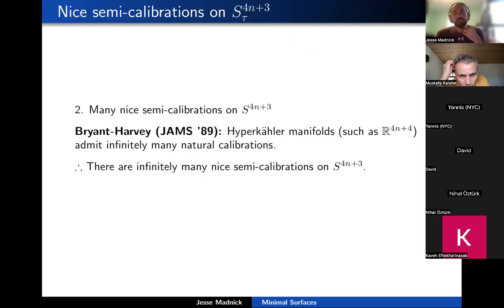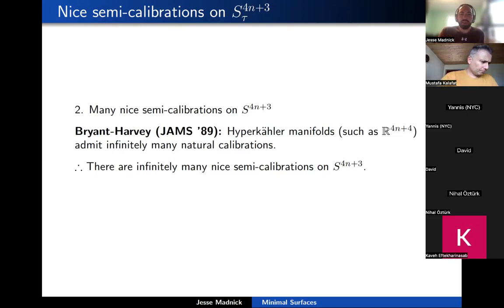As for the semi-calibrations, I won't go into this, but this is just a further advertisement for the Bryant Harvey paper. So last lecture, I remarked that there are hyperkähler manifolds, including Euclidean space. Here, Euclidean space is a trivial flat hyperkähler manifold.